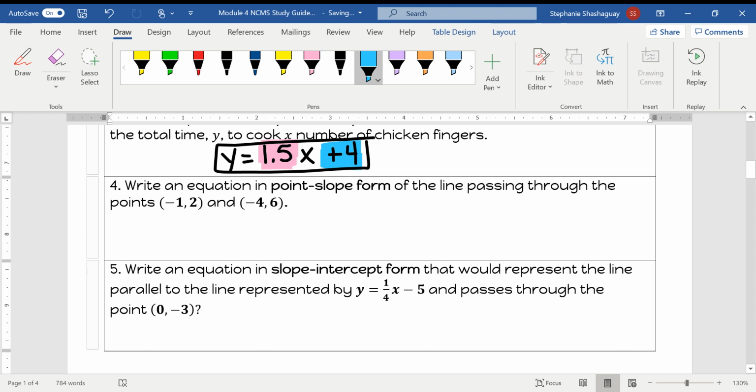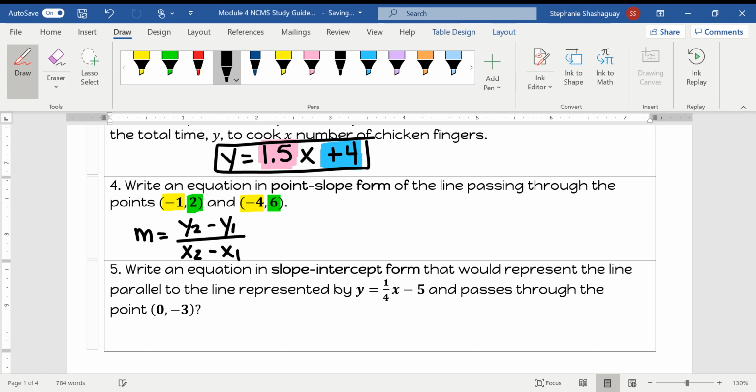All right, number 4. Write an equation in point-slope form of the line passing through the points -1, 2, and 4, 6. Again, I'm going to be looking at my x values and my y values, and the first thing I have to do is find my slope. So remember, to find your slope, it's always y2 minus y1 over x2 minus x1.